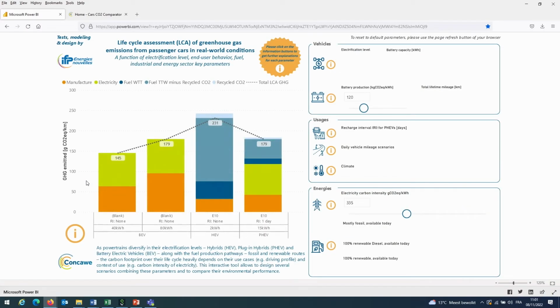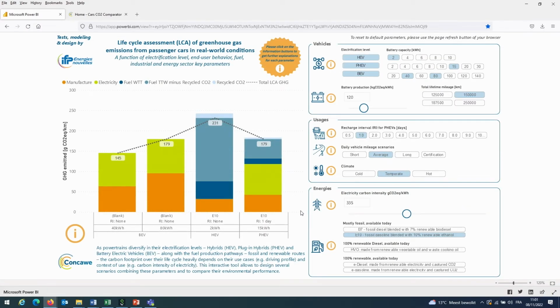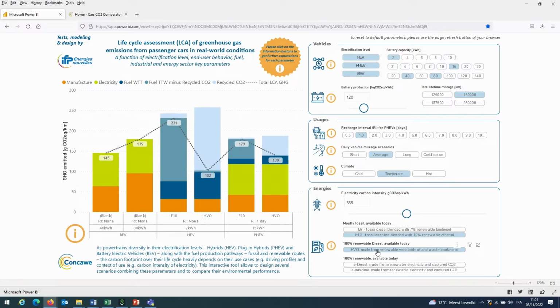And so let's see what happens if we compare the results we have for the moment with the one we obtained with HVO. And now it completely changes the perspective. You can see that the best in class is now the hybrid car refueled with renewable fuel, thanks to the recycled CO2, which is neutral from a life cycle perspective.